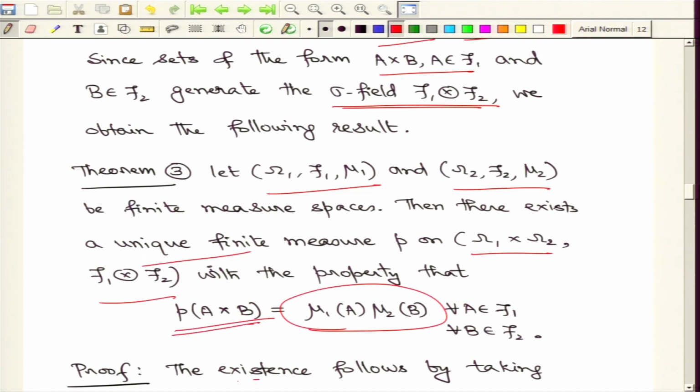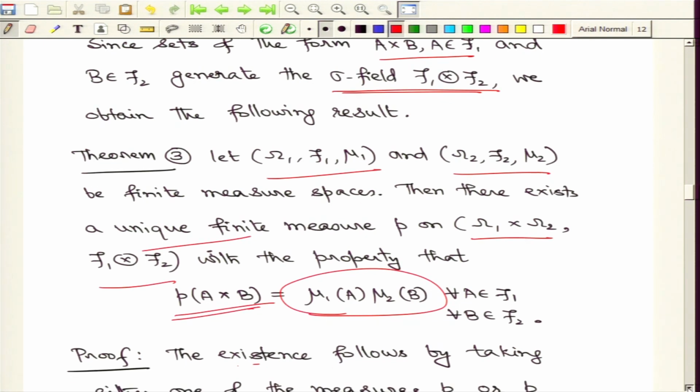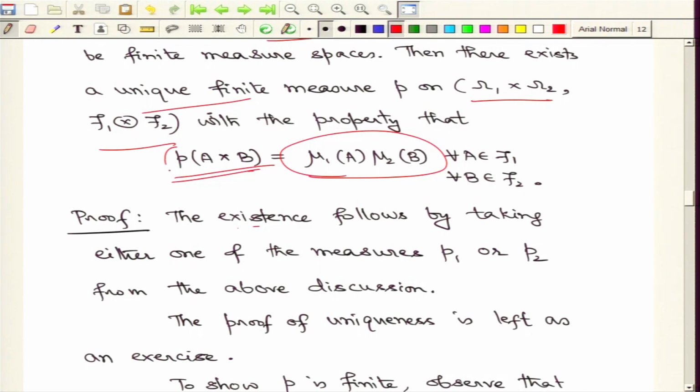Now, you can further extend by uniqueness to the whole product sigma field, and here this function P is essentially either the function P1 or the function P2, and both agree on the product type sets. The existence, as I just pointed out, follows by looking at either of the measures which coincide.